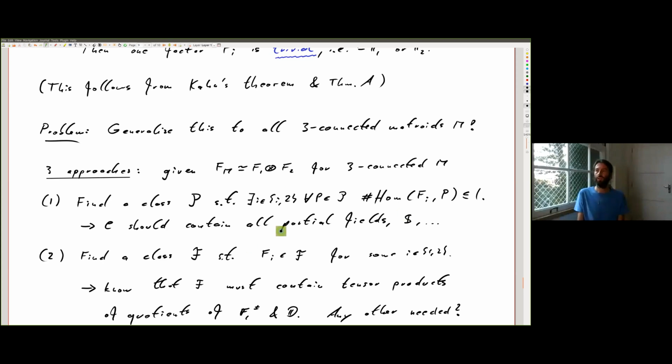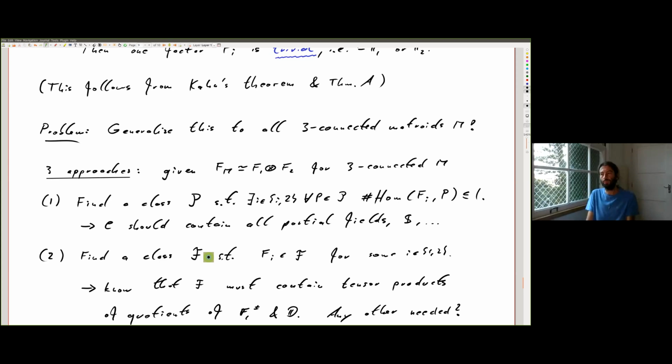This class should be reasonably large and contain partial fields, the sign hyperfields, and some other things. But there are also pathological examples that we have to include, so it cannot be valid for all pastures.